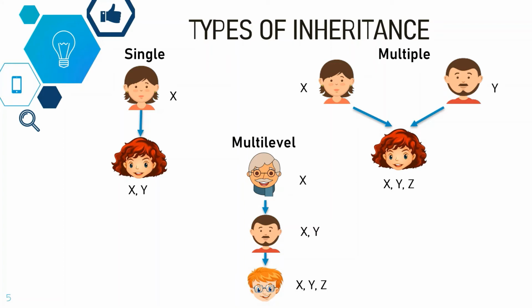So, if a grandfather has certain qualities X, the parent will inherit those qualities X and will also possess its own quality Y, and both these qualities X and Y will in turn be inherited by the grandchild along with his own unique qualities. Now notice in multi-level inheritance, our third class inherits properties from both the first derived class as well as the base class.